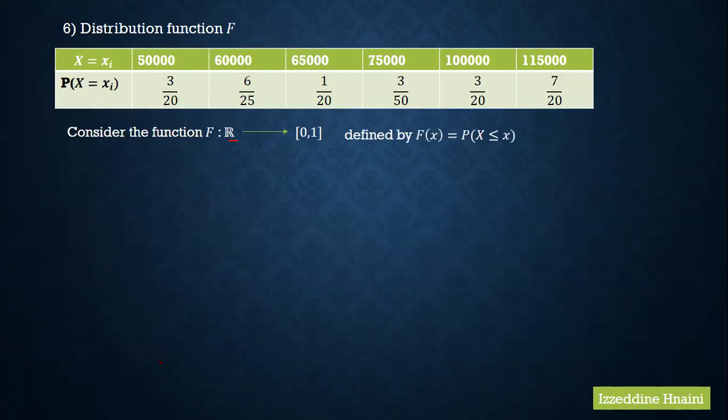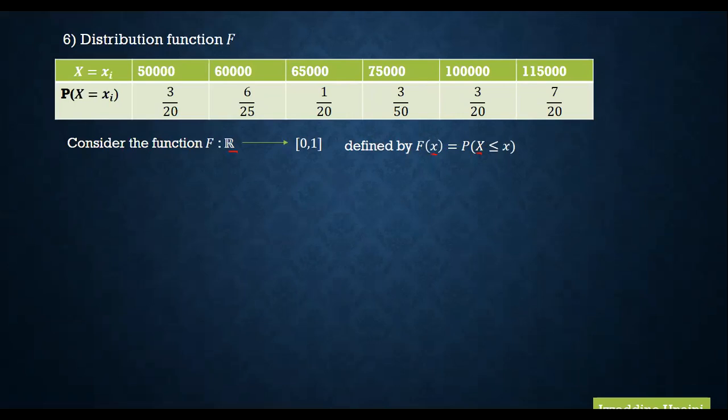Note that you must differentiate between small x, which is the variable of the function, and the capital X, which is the random variable. Now, F(x) equals the probability that the random variable X is less than or equal to x.